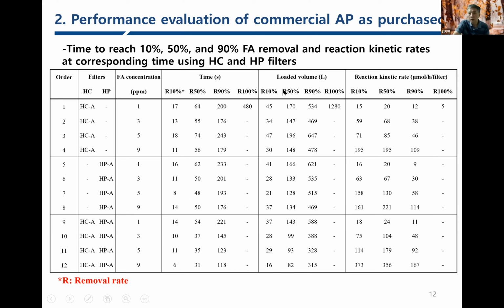And also loaded volume. How much air should be vacuumed, treated to reach 100% or 10%? And last, reaction kinetic rate. How much formaldehyde in terms of micromoles is treated per filter per operation time of hour.